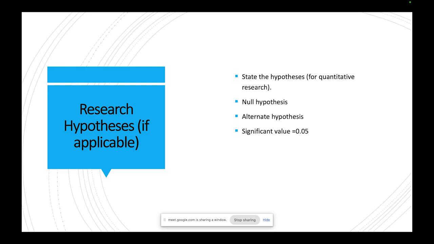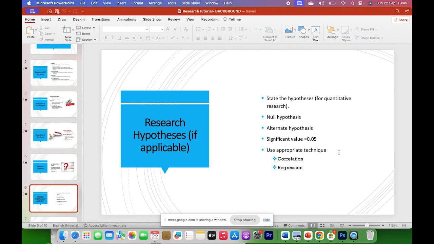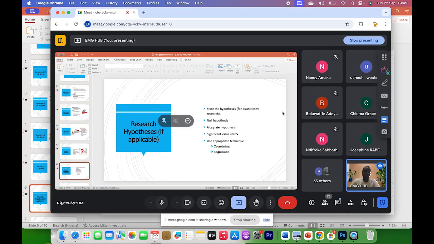And when you are saying there is a significant effect, that is an alternate hypothesis. Talking about significant value, which is 0.05, that's one of the things we would have learned in our introduction to research, or whatever they call it for you. So that is as much as I think we can go on this particular introduction of the study.